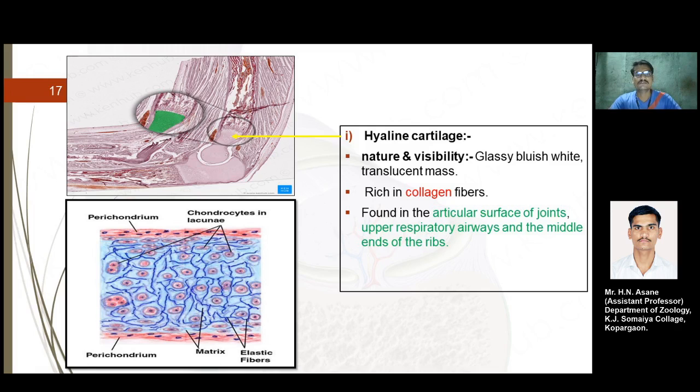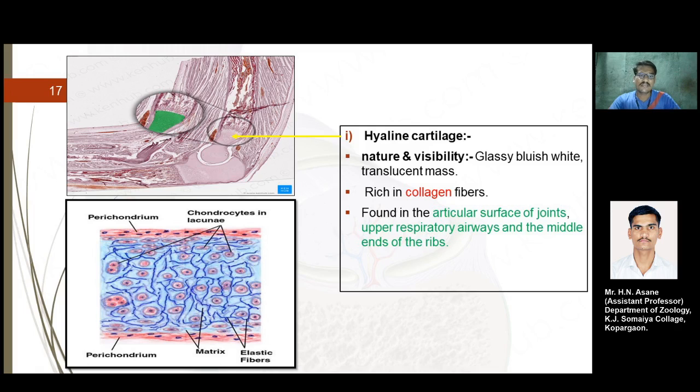That will be the epiglottis, the trachea, and the respiratory airways through which the cavity connects to the lungs and the air passes. The hyaline cartilages are also located in the throat.